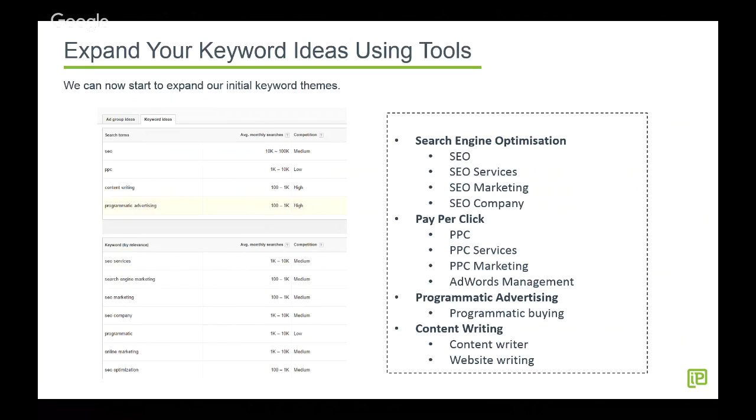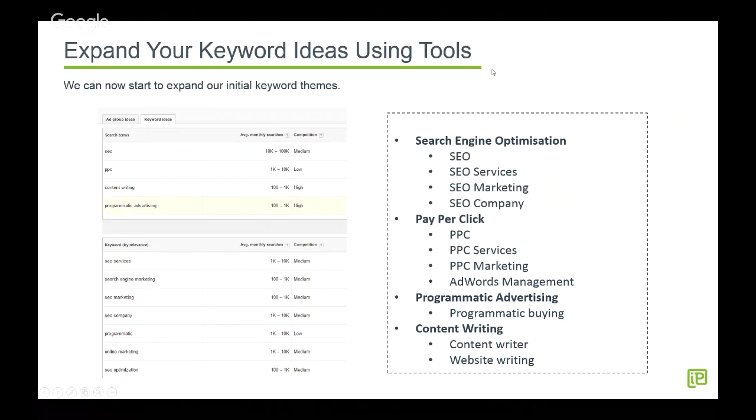So I can see that a variation of search engine optimization is SEO, for example. I can see that people are also searching for SEO services, SEO marketing, and SEO company. And I can essentially drill down each of my seed terms into those different variations and start to form a bit more of a detailed list of potential keywords that we may look to target.